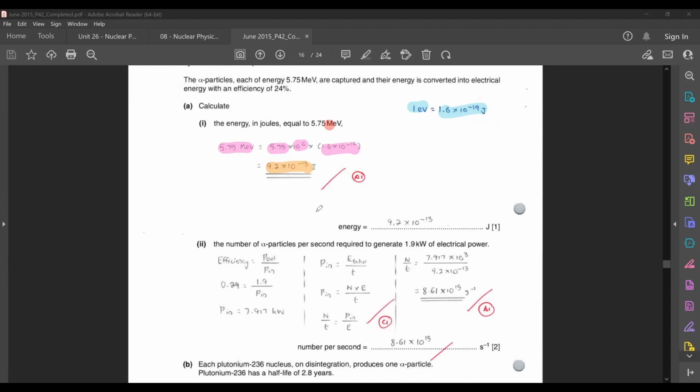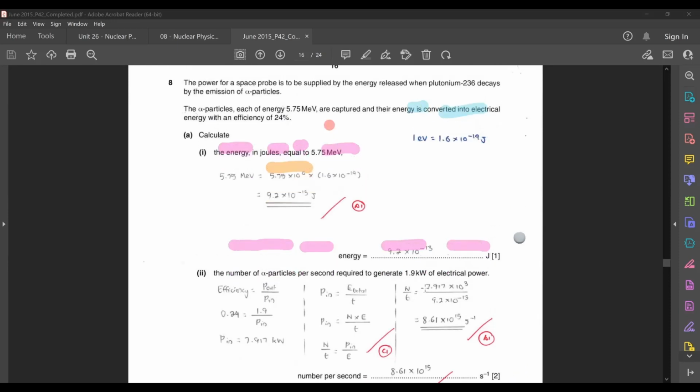Okay, now comes the part where they ask you the number of alpha particles per second required to generate 1.9 kilowatts of electrical power. Okay, so if you read back the question, what was mentioned is that you have a space probe that got its energy from plutonium-236 decay.